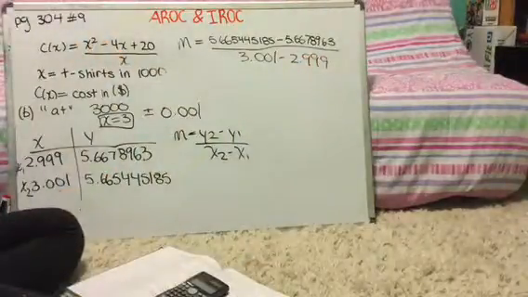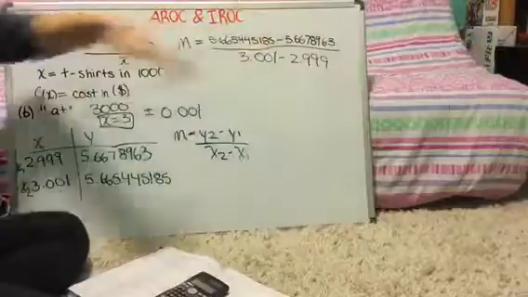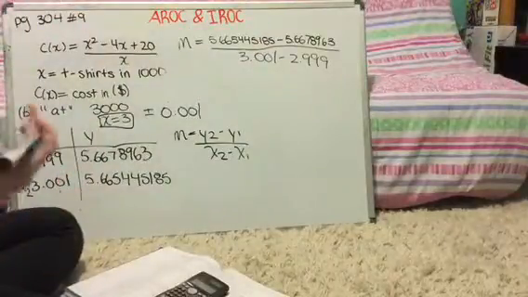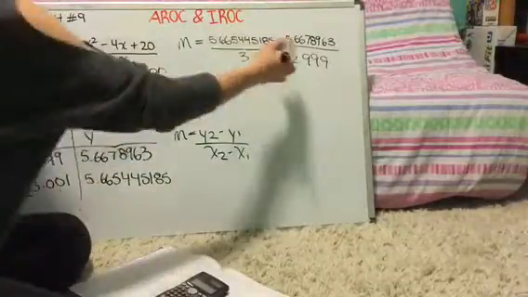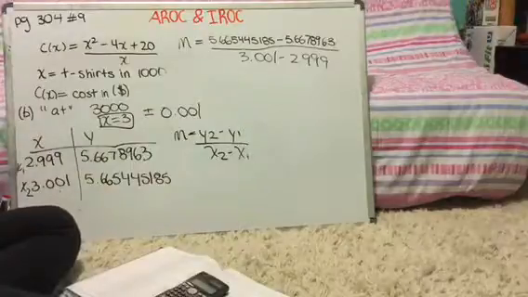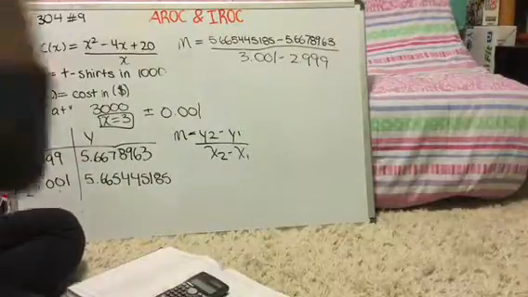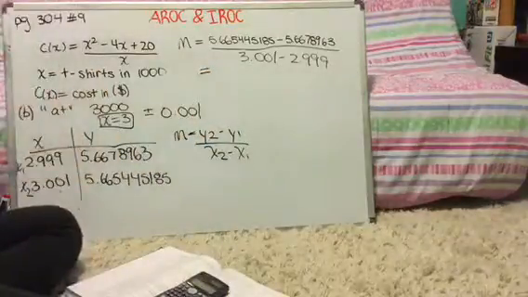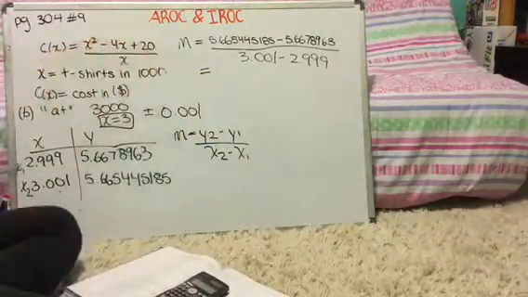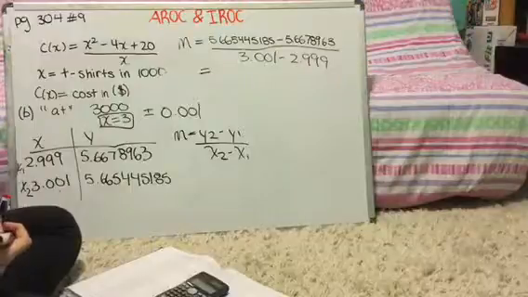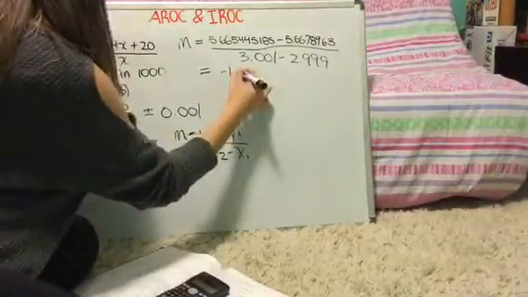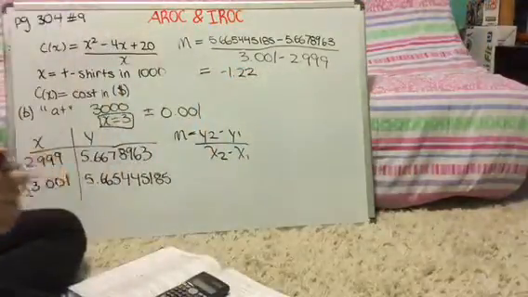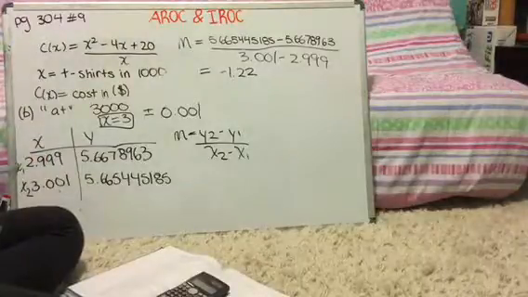As you can tell from the start of this question and how it's set up, we are probably going to end up with a negative slope value. And I will just show you how this will be determined once we have our values. So plugging into your equation, you should get negative 1.22. We have a negative value. What does this mean?